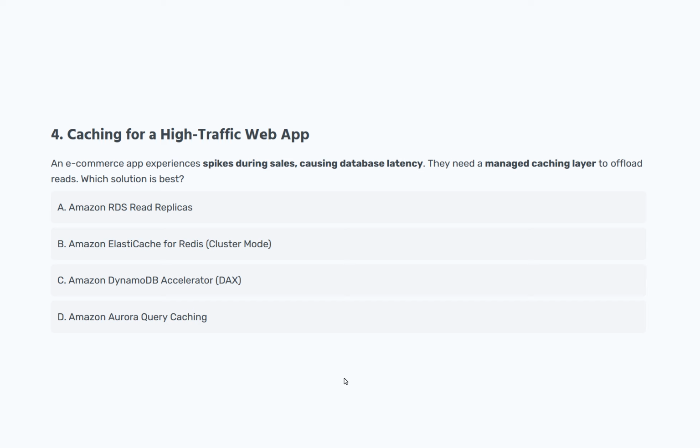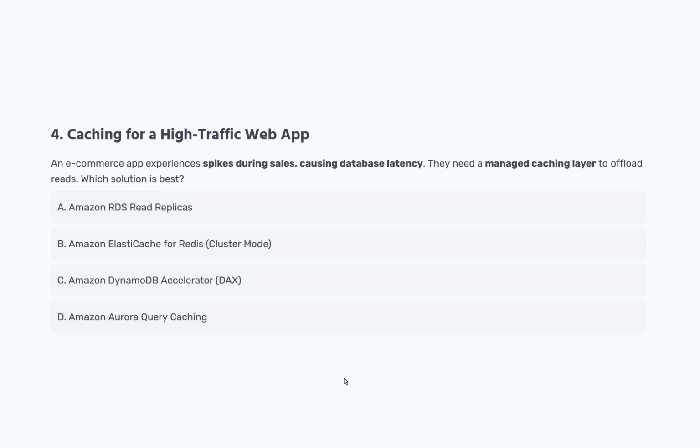What solution is the best? So e-commerce applications experience spikes during sales, which causes the database to read the data and give it back to the customer. So they're thinking of getting a caching layer solution to make them faster. So data will be cached and accessed by the customer quickly, right?